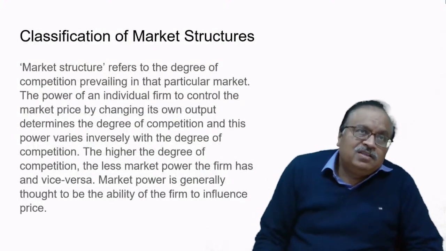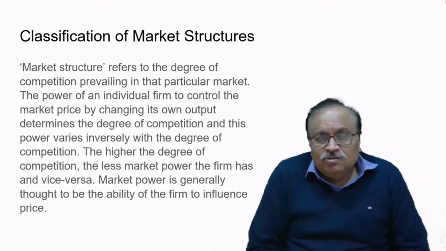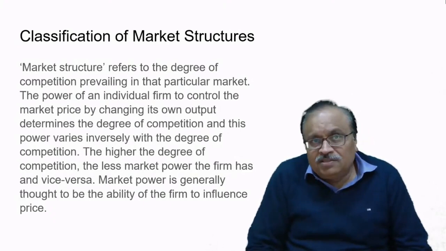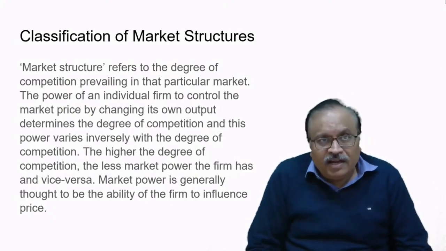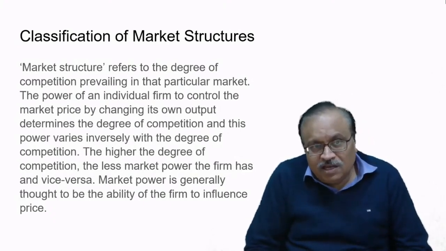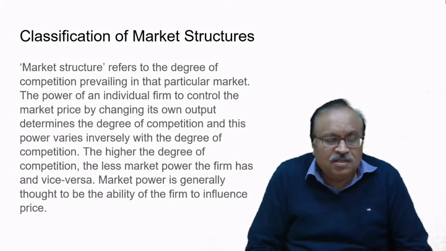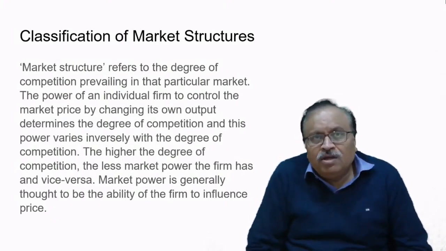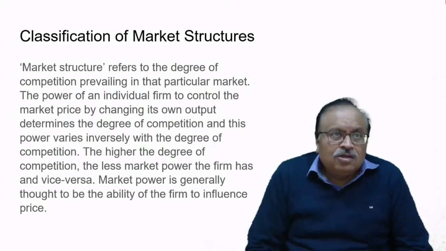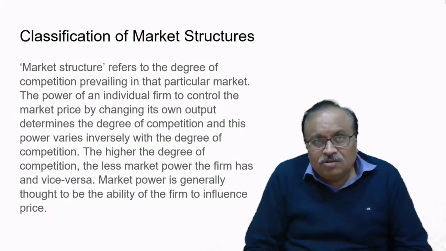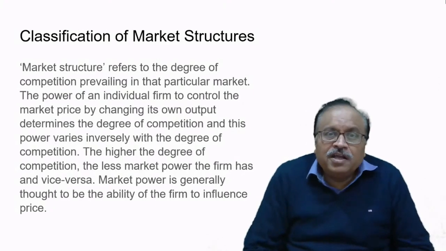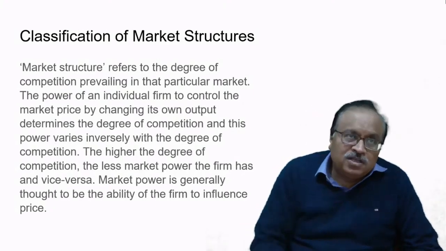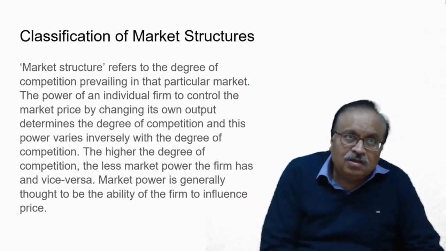How do we classify the market structures? Market is basically a place where the buyer and seller interact with each other. The seller sells his products and the buyer buys it. It may not be in a physical form; it can be an online process also. A market is not a physical representation of a particular place where you can sell or purchase goods.